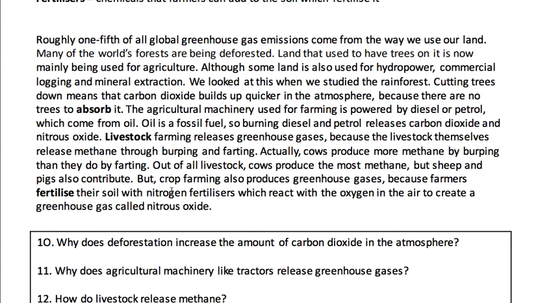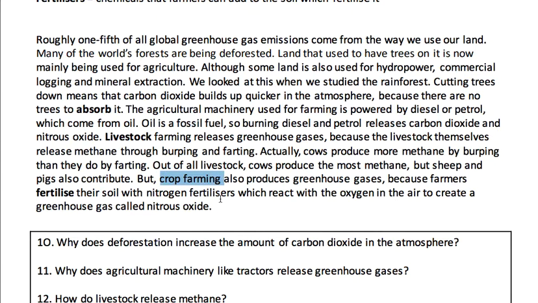The livestock themselves, so the cows, the sheep, the pigs, they also release greenhouse gases. They release a greenhouse gas called methane, and they do that through burping and farting. But even if you are farming crops, you are still producing greenhouse gases.